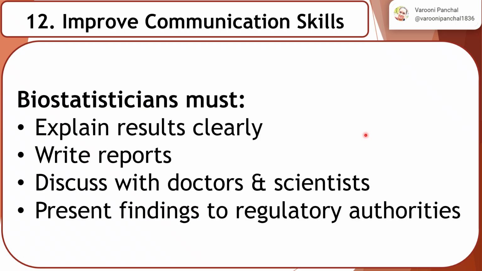So a common bridge needs to be maintained. The doctors and scientists should try to speak to the biostatistician in very common layman's language, right? Similarly, the biostatistician also should speak in a very common language to doctors and scientists, so that they understand what is the expectation.